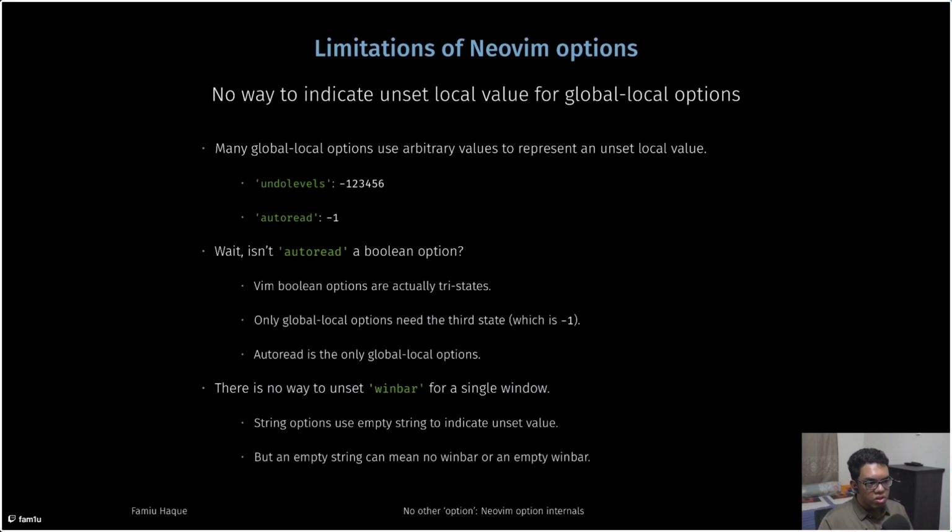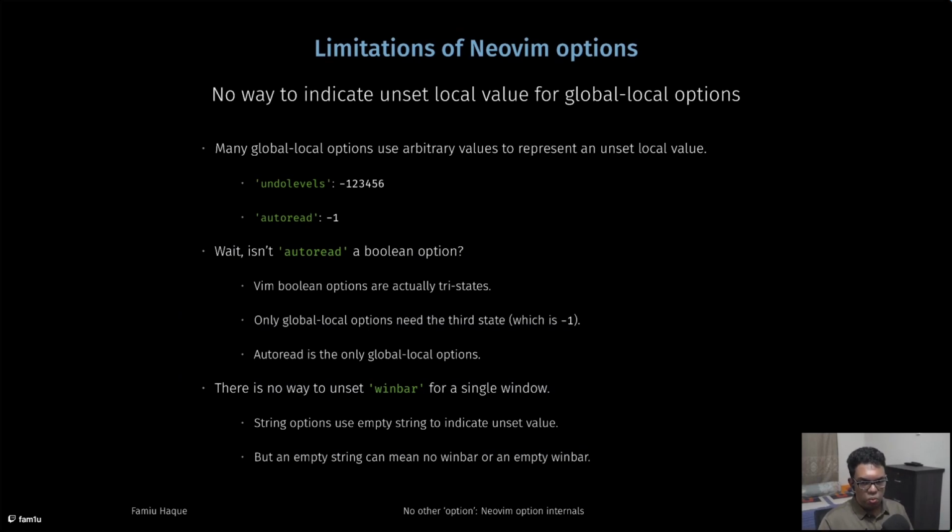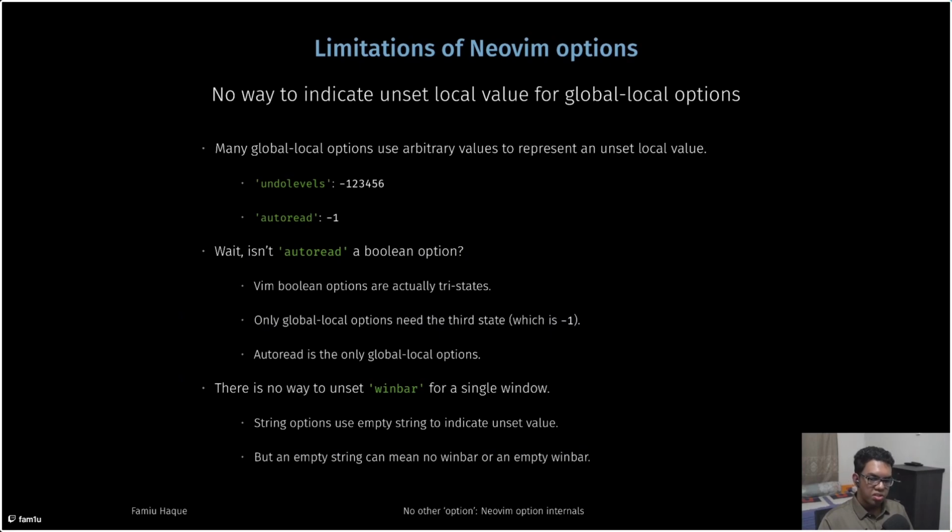And only global-local options need the third state, which is again negative 1 or none. It turns out autoread is the only global-local boolean option, so that's the only one that actually ends up using that state. Anyway, that was some Vim option trivia for you guys.